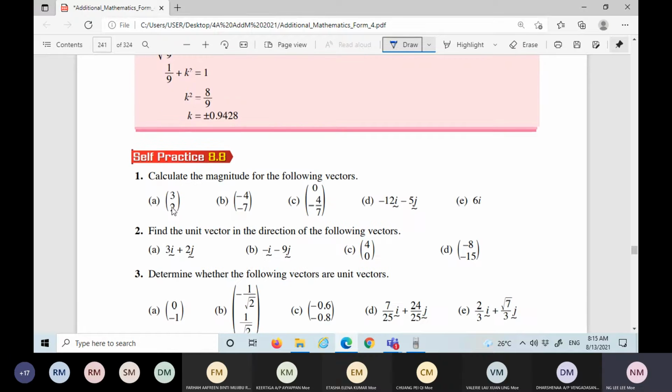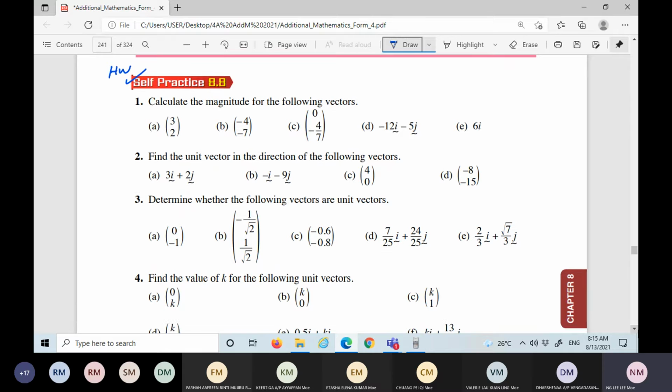So I think this is quite simple. So you just do this exercise. I can choose some of the questions, so you don't have to do so many, because it's just magnitude.